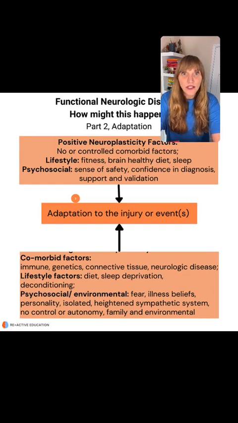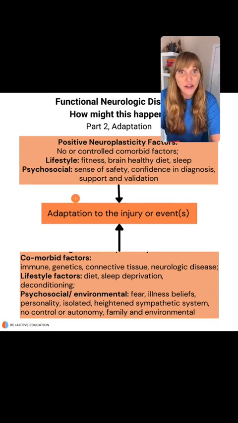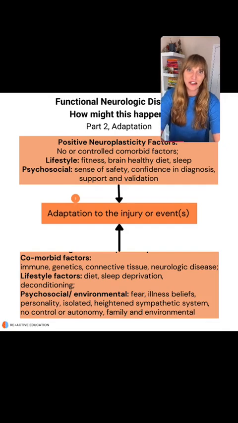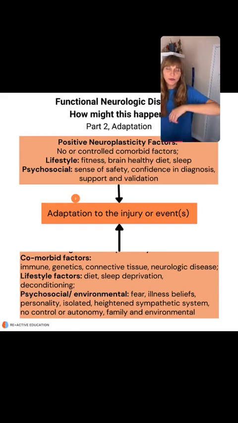And so what are some of the reasons that might occur? Could it be immune system issues or genetic issues, connective tissue issues, another neurologic disorder? So this is something we talked about in the workshop. Common comorbid conditions with functional neurologic disorders: migraine, Parkinson's, MS, stroke, Ehlers-Danlos syndrome, POTS, autism maybe could be one of those.